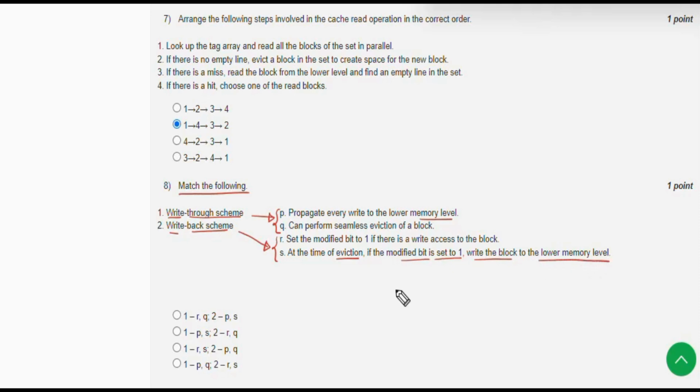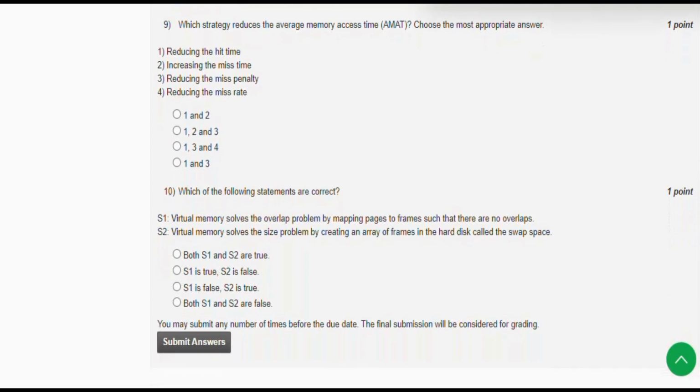Okay, so 1 will be matching with PQ and 2 will be matching with RS. So this will be the answer. Okay, so I select that.